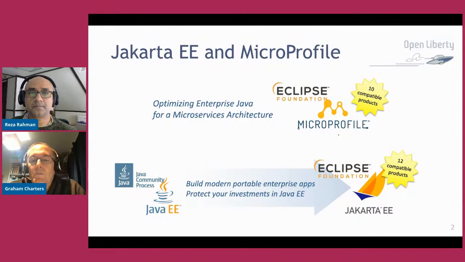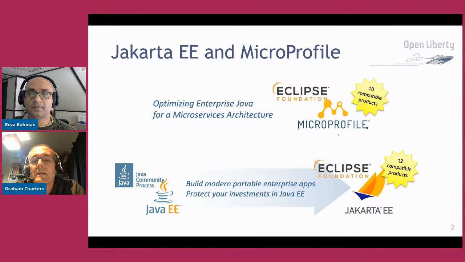During the development of latter stages of Java EE and prior to Jakarta EE, a group of vendors and Java user groups and users of the technology got together and formed a group called MicroProfile. And this was set up to define standards for cloud-native Java microservices.